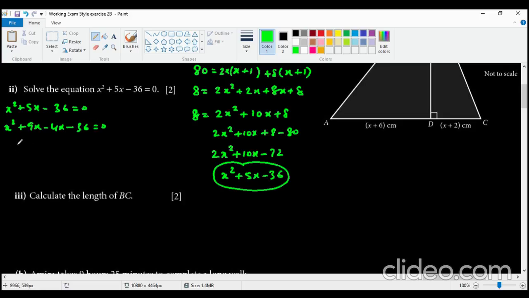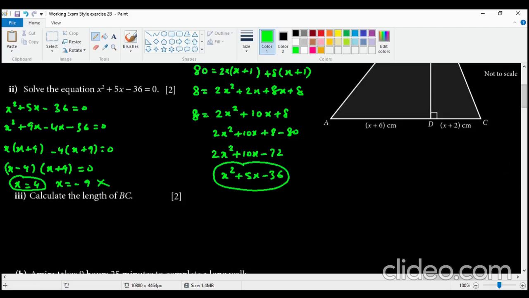Finally, what I will get is x plus 9 once copied again, and minus 4 will be here. So x minus 4 and x plus 9 are the two factors of this expression. That means x equals 4 and x equals negative 9. Negative 9 is not acceptable, so the value of x is 4.